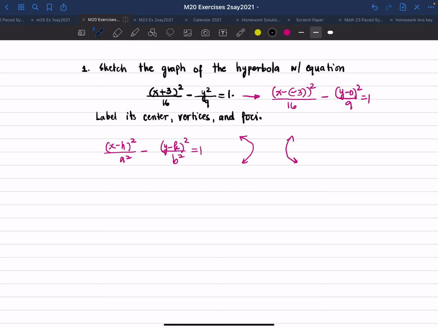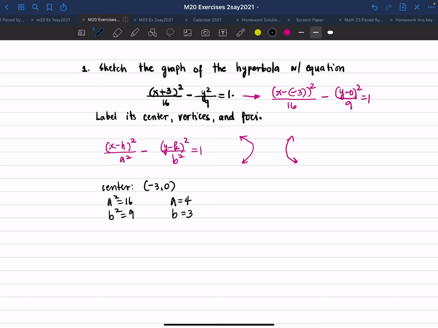So, ibig sabihin, our center is (h, k), negative 3, 0. Yung katabi nung minus yung titignan. And then we have a square equal to 16. B square equal to 9. Which means that A is 4, B is 3.